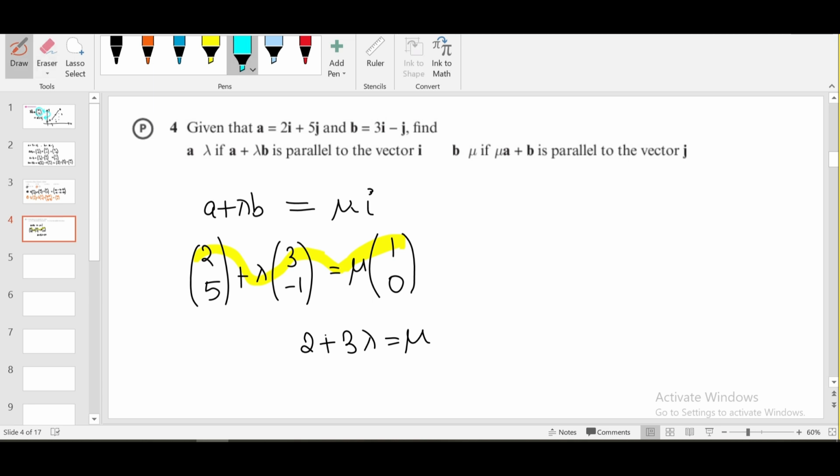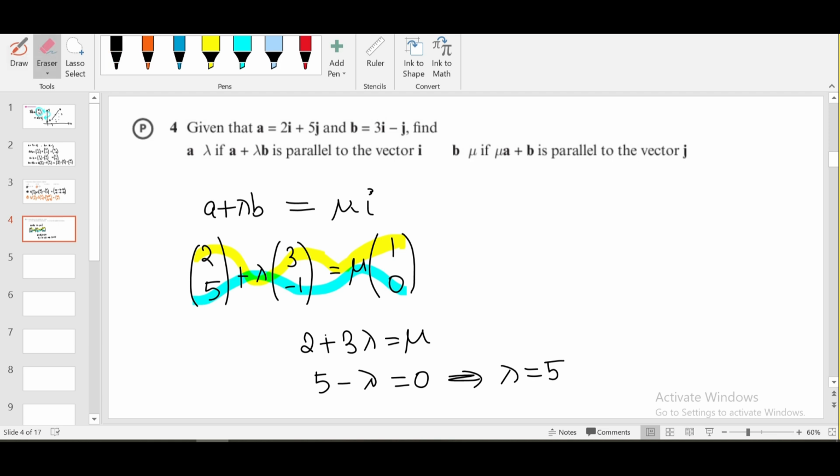Take all these y components and frame another equation. 5 minus lambda is equal to 0. Probably from here you can find lambda straight away. Can you explain the 2 plus 3 lambda equals mu again?